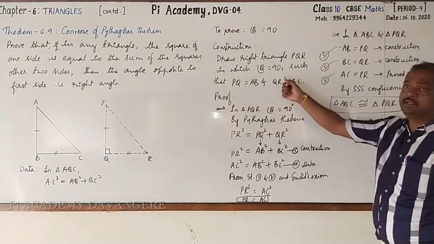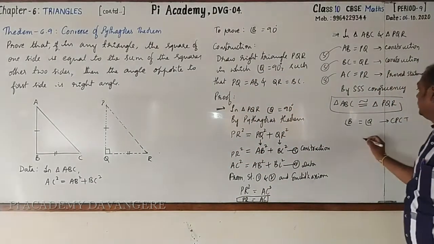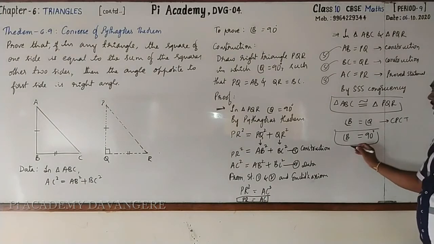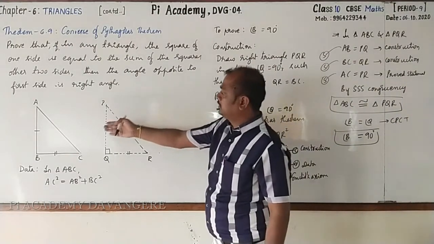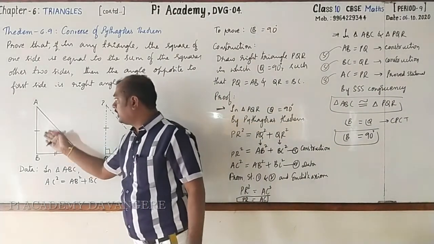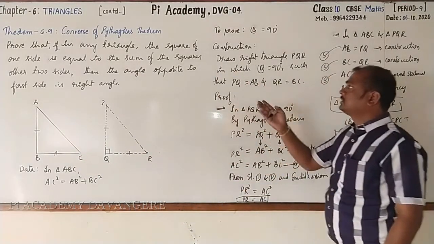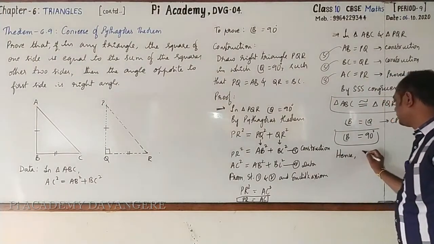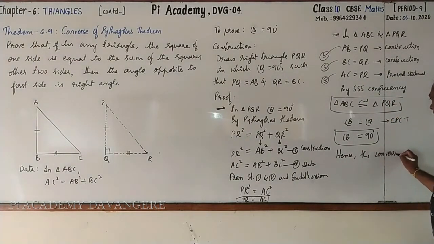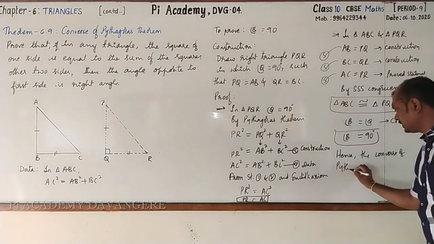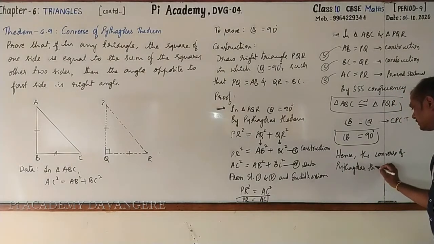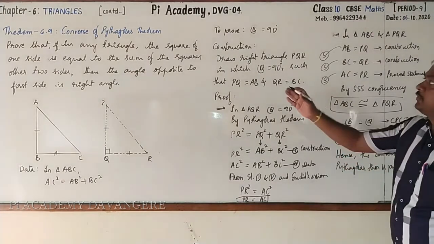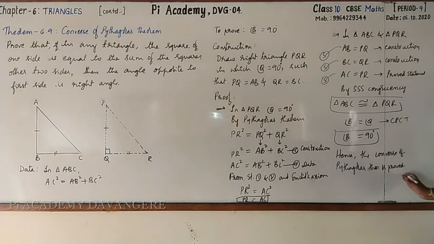It is 90 degree, is it not? So here I write 90 degree. Then angle B is 90 degree. See that here? Angle B is the angle opposite to the first side. Hence the converse of the Pythagoras theorem is proved. Please go for copying the proof from here to here.